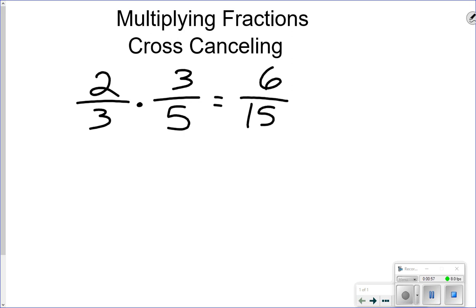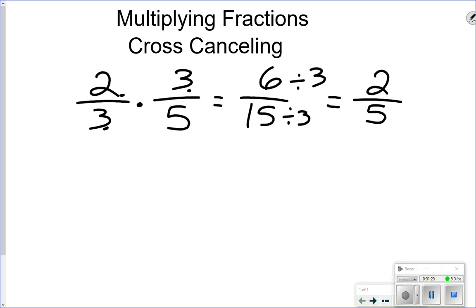And then simplify. 6 and 15 are both divisible by 3. It's kind of obvious they're both divisible by 3 because when we multiplied the top by 3, we also multiplied the bottom by 3. So of course 3 is a factor of both of these. So then we divide by 3 and we get 2/5 as our answer.